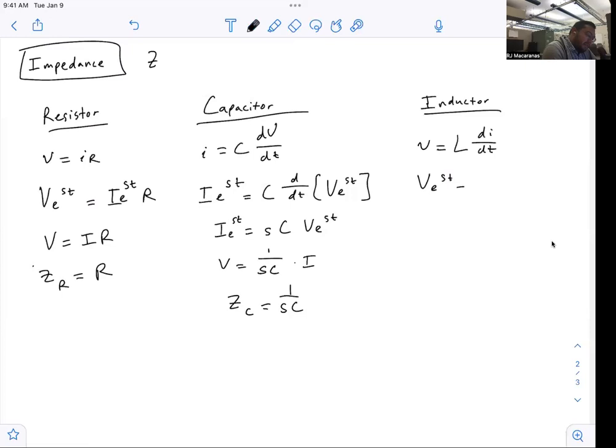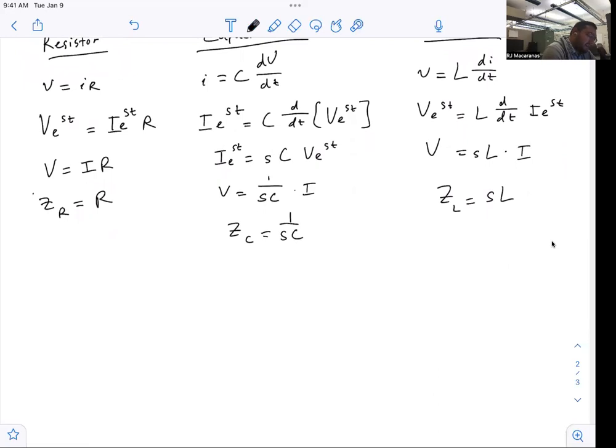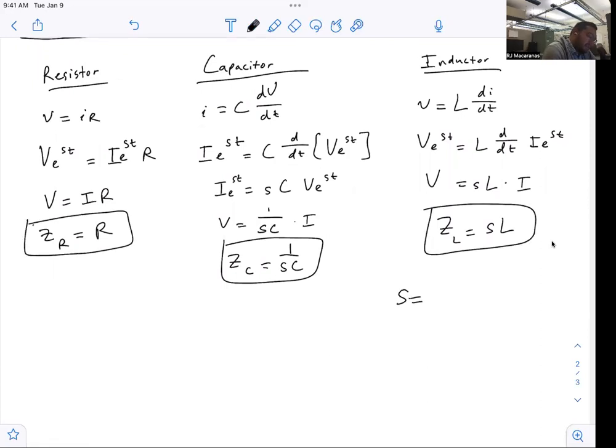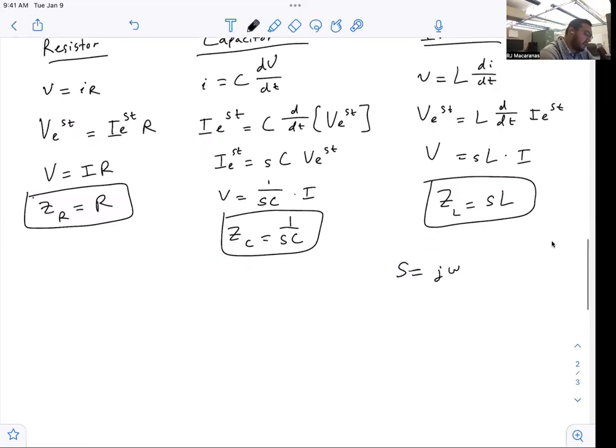Replacing everything through, we take the time derivative of this I e to the st, and S pops out: SL times I. So that gives us the impedance of an inductor to be S times L. These are all in the S domain, but we always take S to be j omega, where omega is our angular frequency and j is the imaginary number.